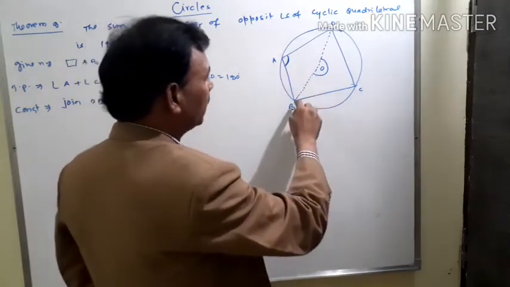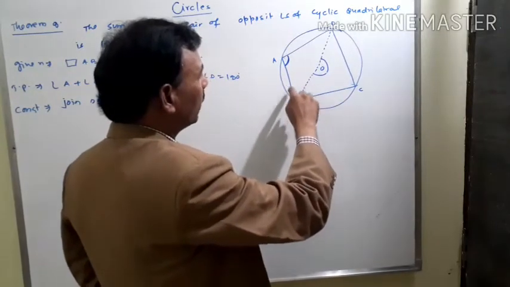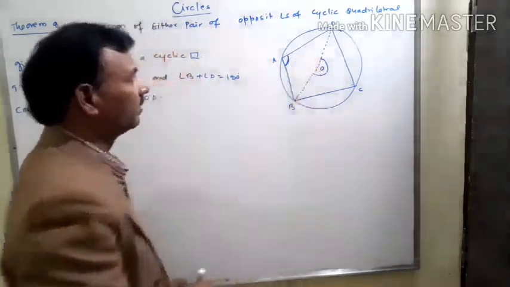That means reflex angle BOD is equal to twice angle BAD.